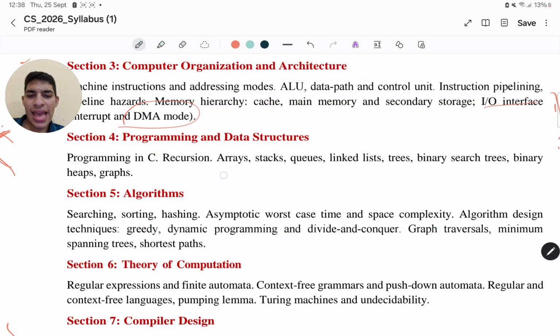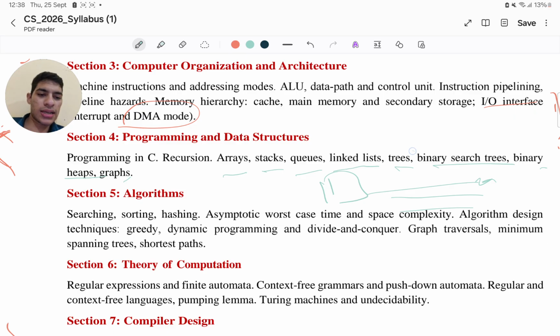Then there are questions on arrays, stacks, queues, linked lists, trees, binary search trees, binary heaps, and graphs. All these questions will come, and they might also ask whether a particular function is doing a certain thing, and give multiple explanations, where one matches and another is also a probable one.